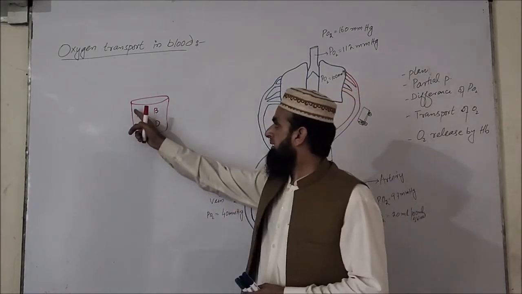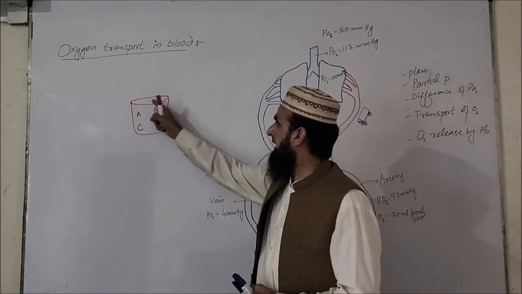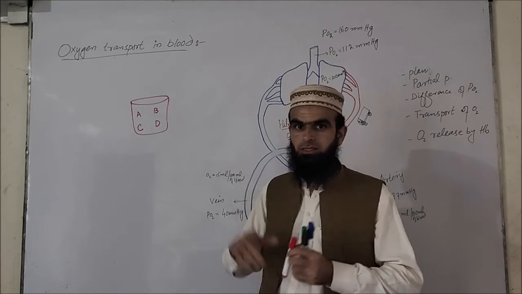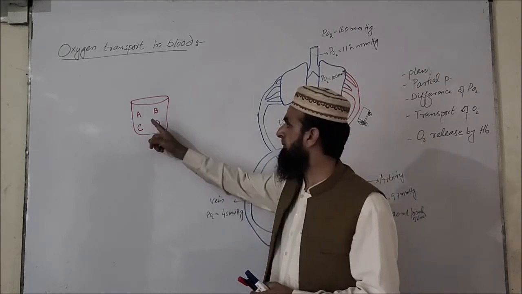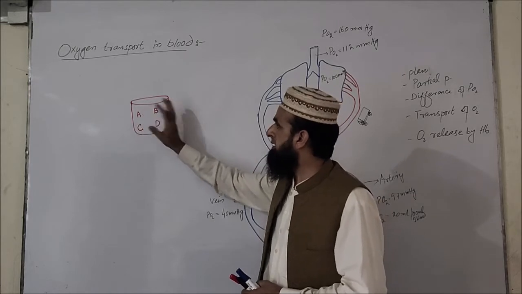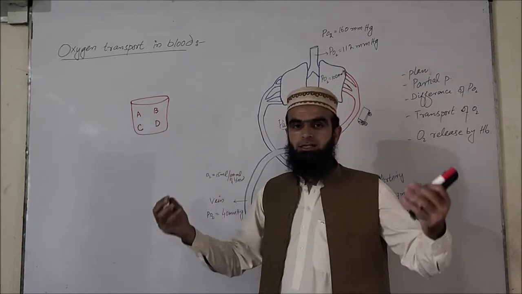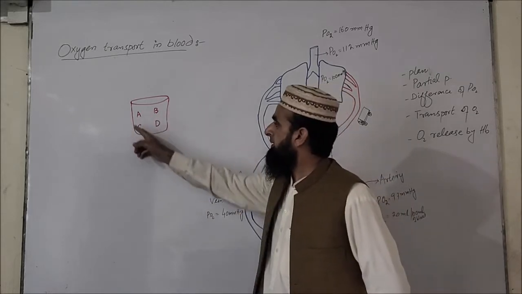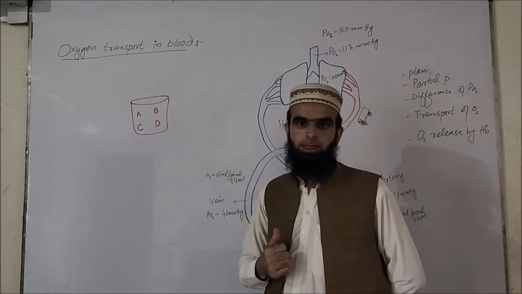So all the pressure exerted by all these gas molecules is called the total pressure of the gas. The pressure exerted by all of these gas molecules against the walls of the container or against the other molecules is called the total pressure of the container.